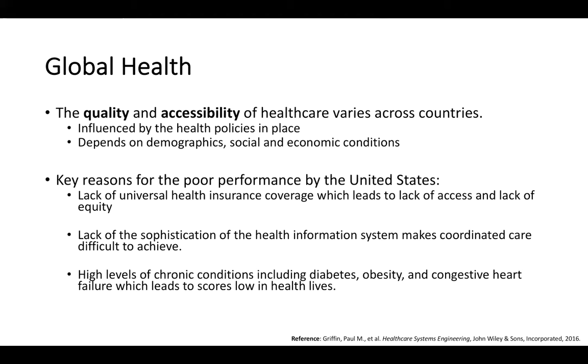Obviously the Affordable Care Act is trying to do that, but there is a lot of political resistance to it. But it also depends on the demographics of the population and the social and economic status. In the next couple of slides, we talk about how the demography of different countries affects the total ranking they have in terms of the performance of the healthcare system.